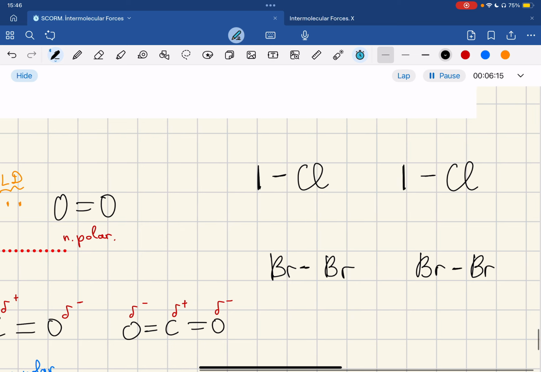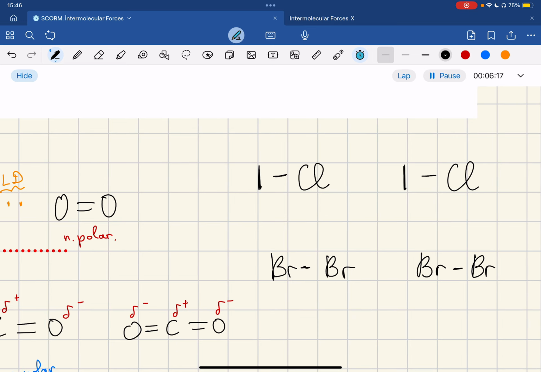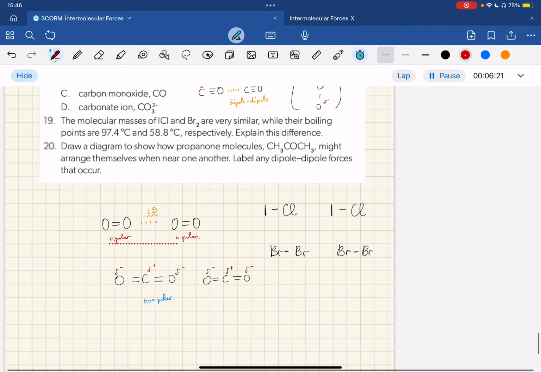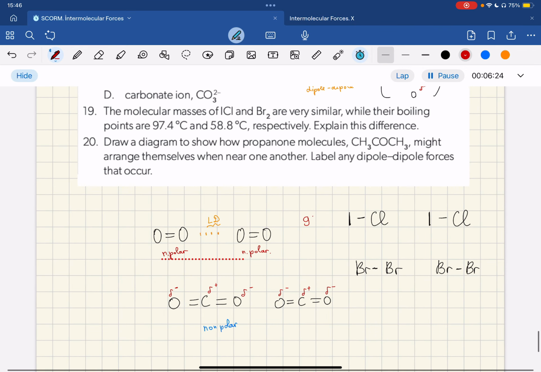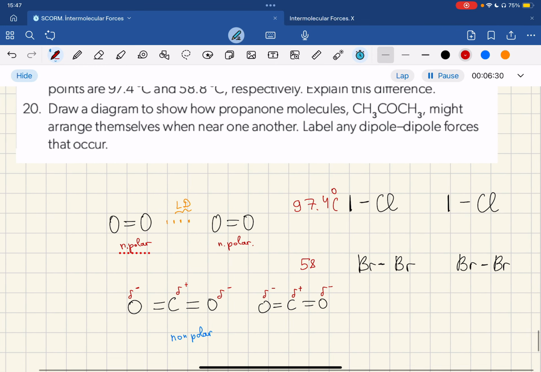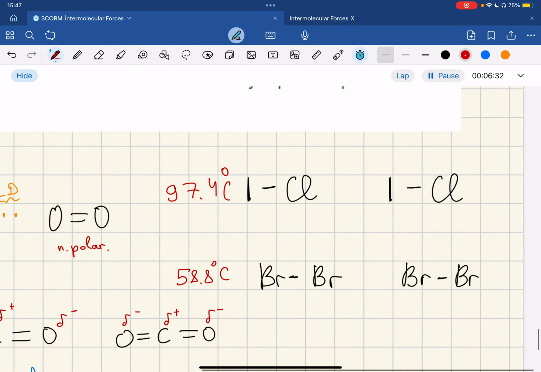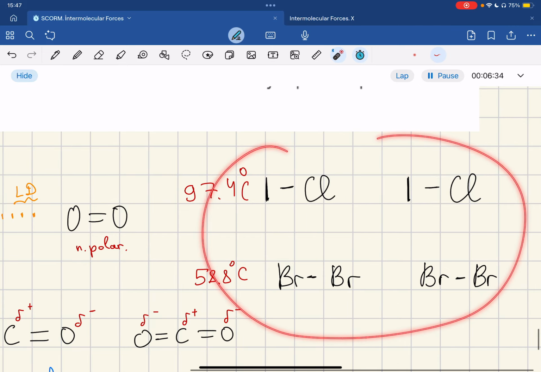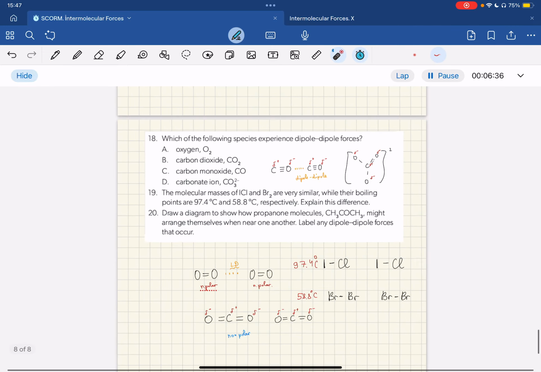First of all, they have almost the same mass, so we can compare their boiling points. We see that ICl definitely has a higher boiling point than bromine, which is 58.8 degrees Celsius. So we should take a look at the electronegativity scale.